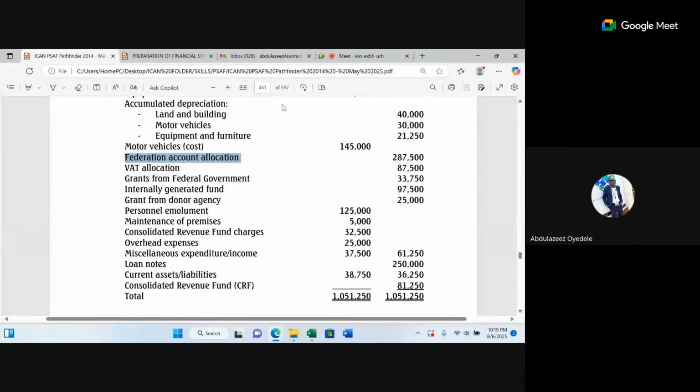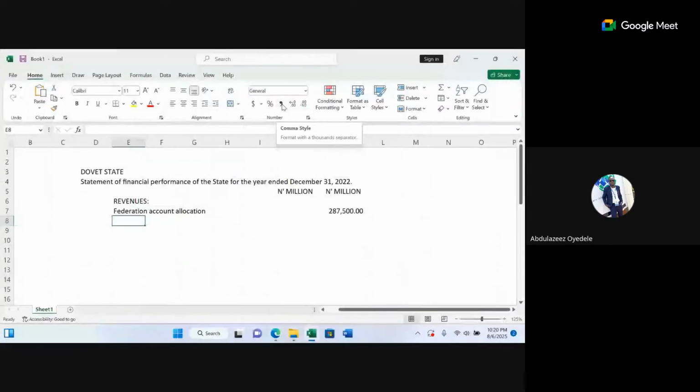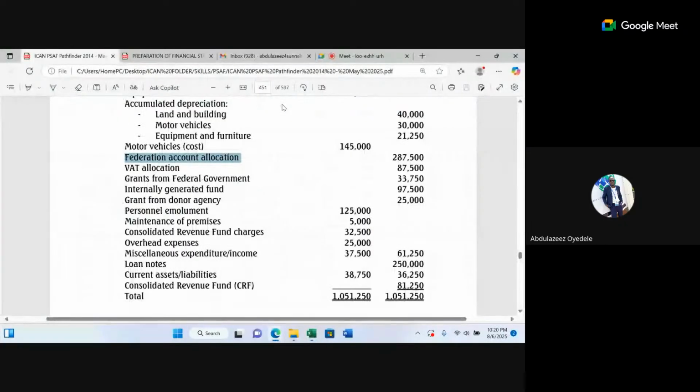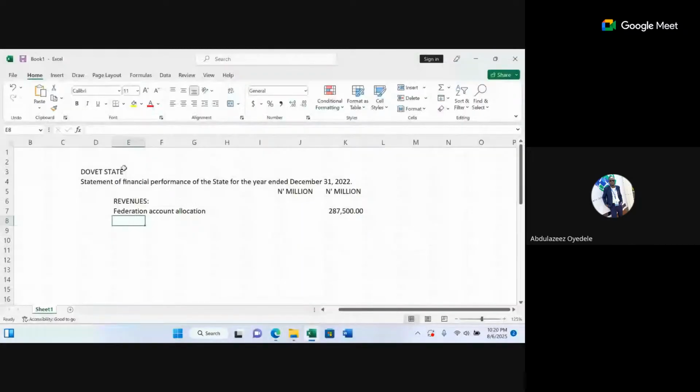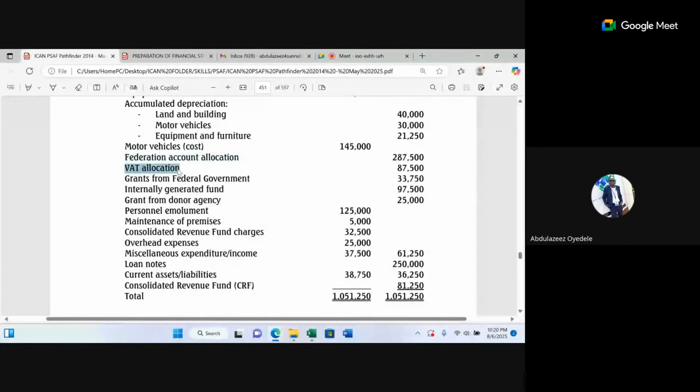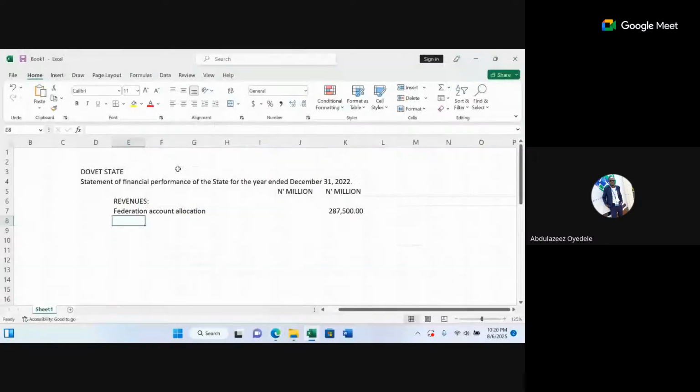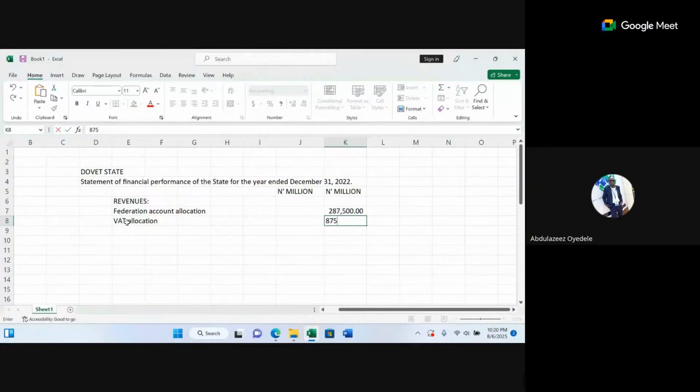And then let's look at the next one, VAT allocation, which is 87,500.